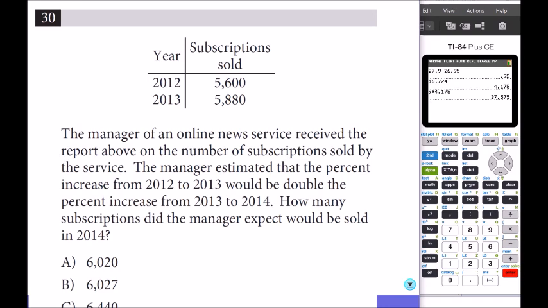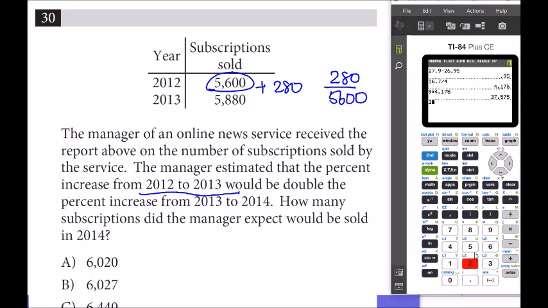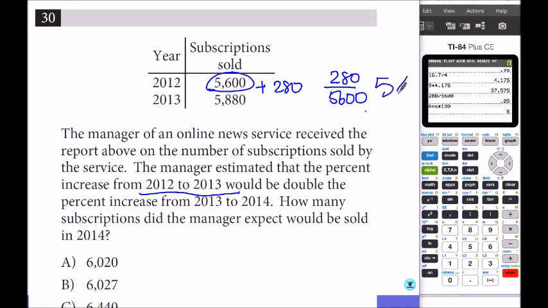what percentage did it increase from 2012 to 13? It increased by 280, but you have to look at how much it was. So the percentage will be 280 over 5,600, meaning from 2012 it increased by 5%.